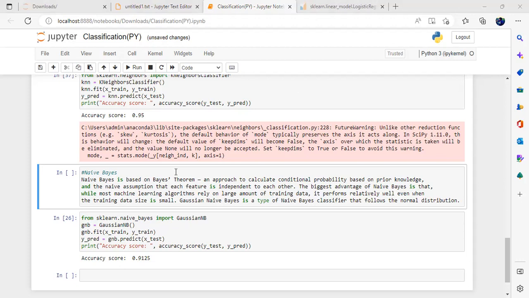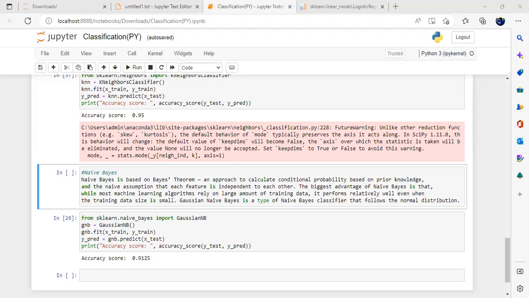It is one of the good features of naive Bayes that it gives good output and accuracy with less data. Then Gaussian naive Bayes is the type of naive Bayes classifier that follows the normal distribution. Naive Bayes is also very vast, where the Gaussian distribution and normal distribution concepts all come under naive Bayes.